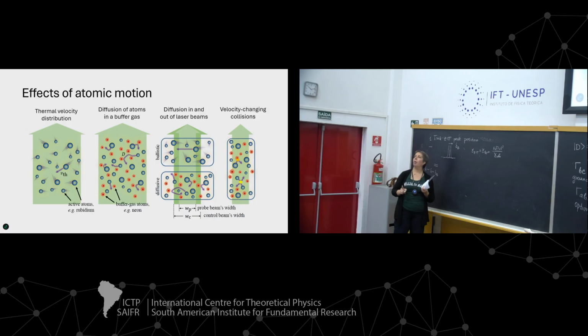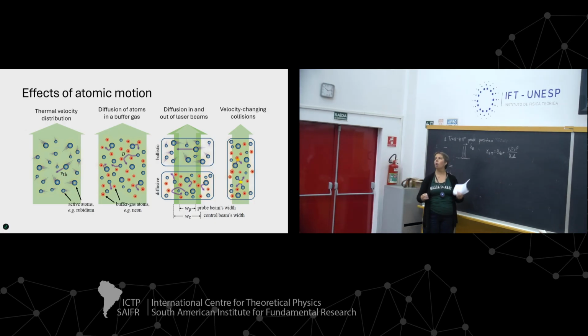But here it's actually quite interesting, because remember before, we had only one field. So you had the power broadening, and you could not get a much stronger signal because of that. Because we don't basically depend on the probe field in our EIT profile, you have a little more freedom in choosing how much of the probe field you're sending in. So you don't have to sacrifice your signal up to a certain level.